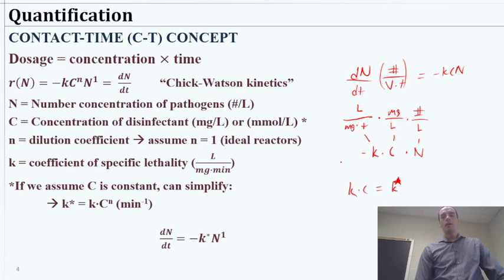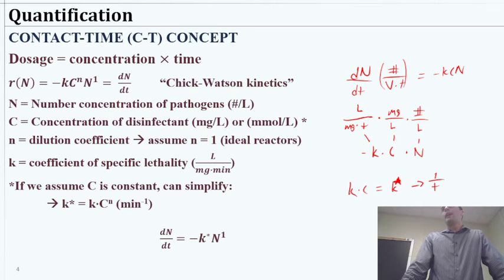K star is in per time, right? It's almost as if we just have a K, but we have another equation for K, and that equation for K is this other K times the concentration we're using.